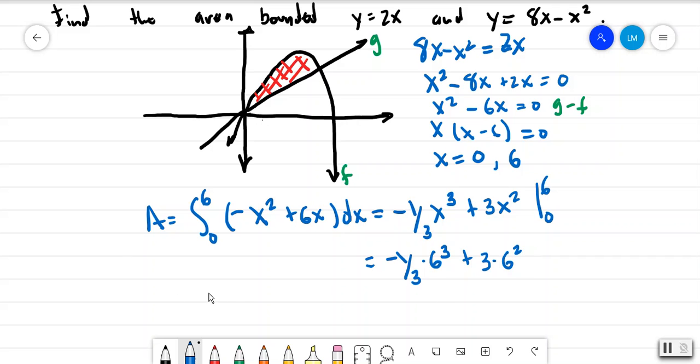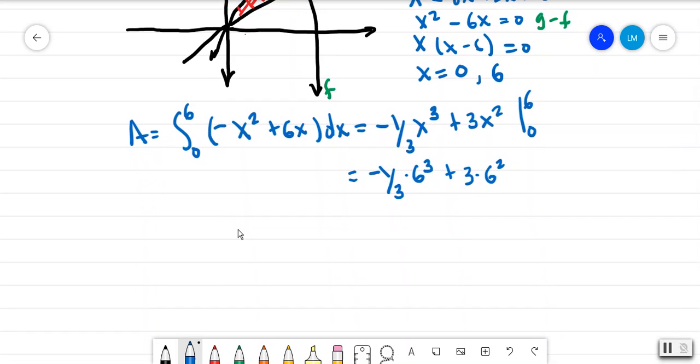So what we have here is negative 216 divided by 3, plus 108, so that's 108.